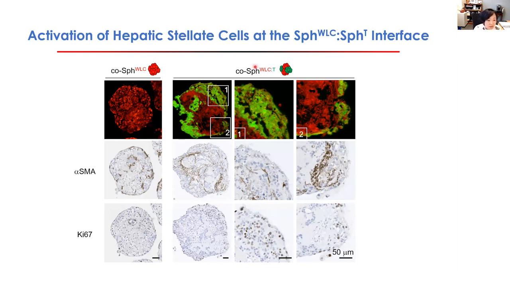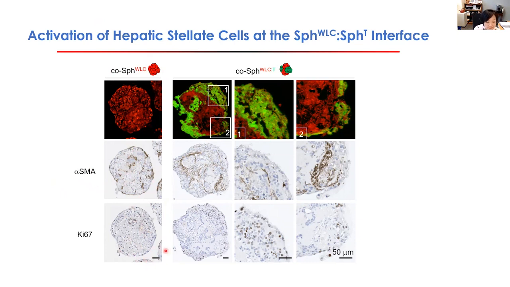The first row column is just the WLC spheroids by themselves. When they're put together, they form these gigantic co-spheroids, and then you can see these alpha-smooth muscle actin positive cells. They're just randomly distributed through the co-spheroids, but there's a very limited number here, and they're not growing that much at all.